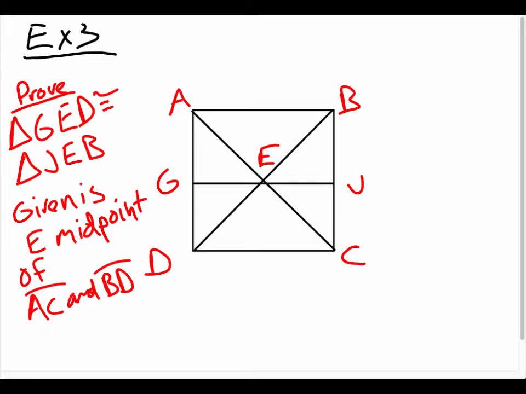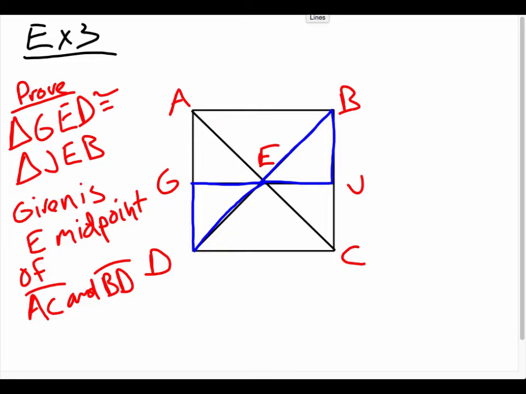Well, the first thing that I'm going to do is look at GED being congruent to JEB. So let me highlight that. We're trying to show that this triangle from here to here to here is congruent to this triangle from here to here to here. All right, we're going to think this through.